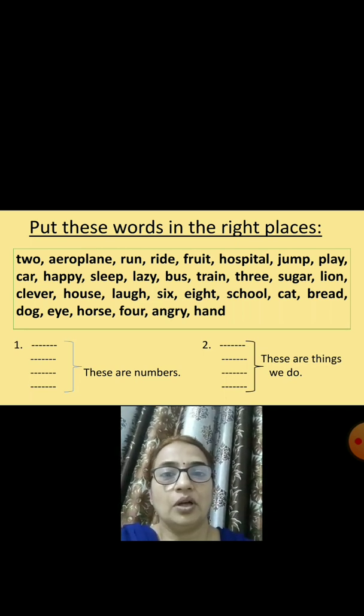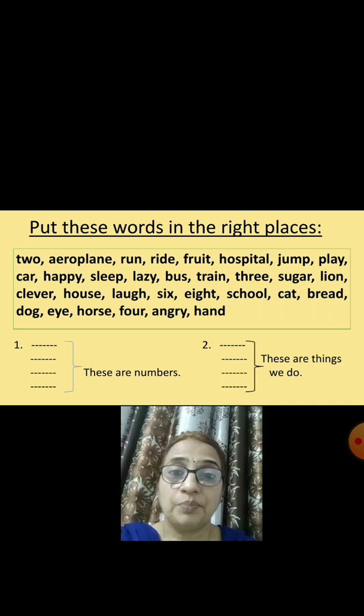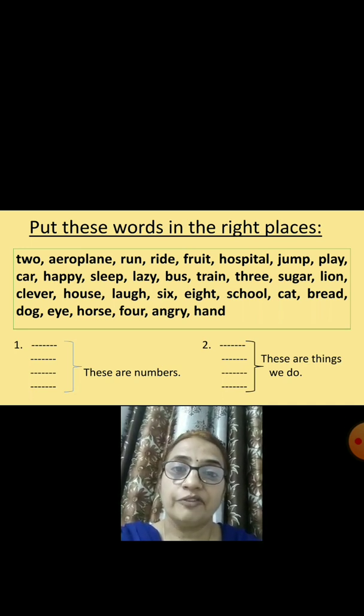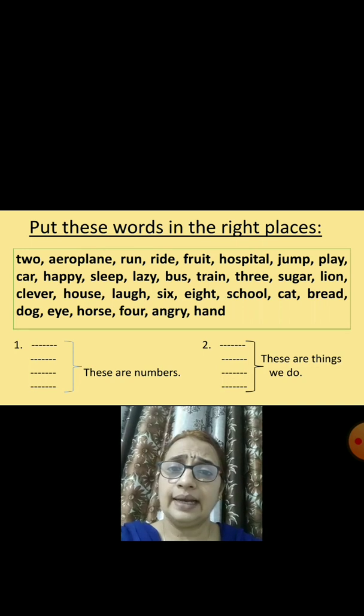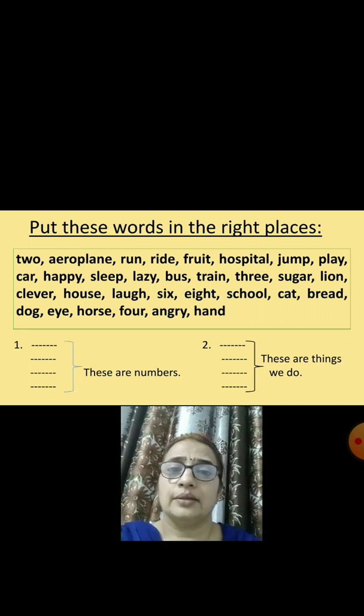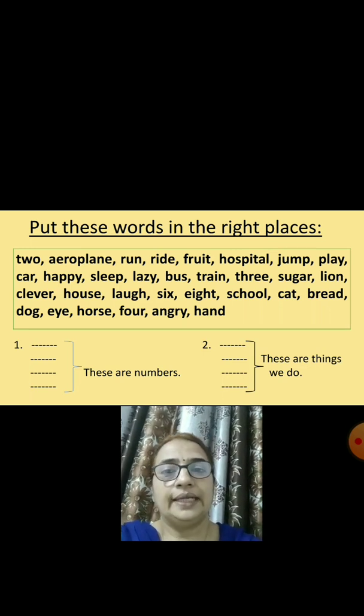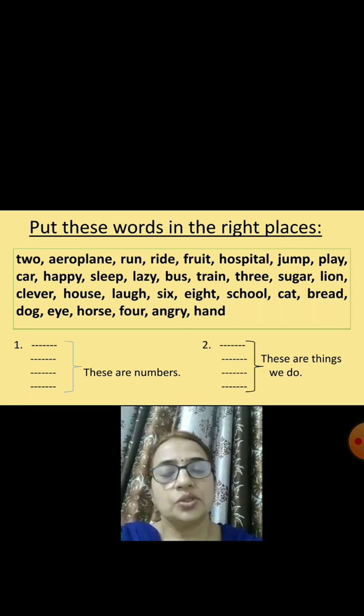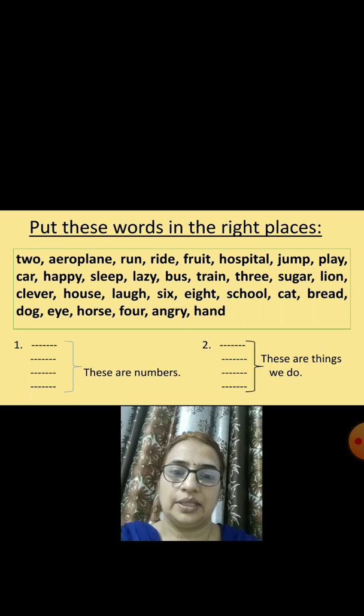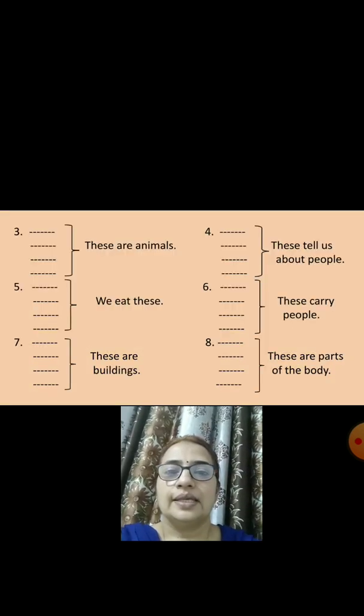So, we got three words. Let us check whether we are right or wrong. In the first line, the thing which we eat, fruit. Second line, sugar. Third line, bread. And in the fourth line, there is no word which is suitable there. Very good.